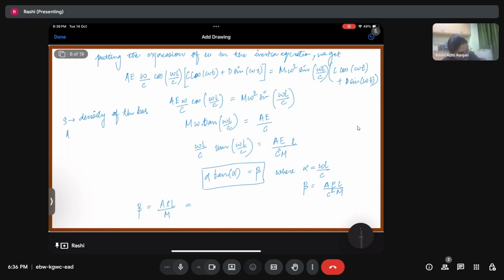A is the cross-sectional area of the bar. Okay. And L is the length of the bar.